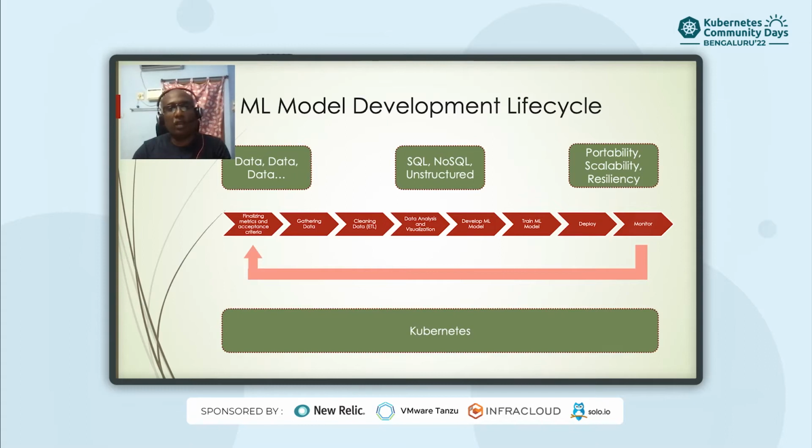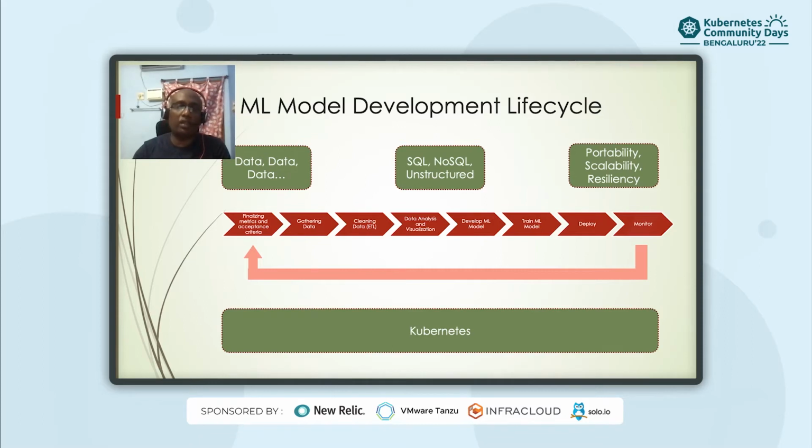And by the way, how does a machine learning model development life cycle look like? It typically starts with you defining the metrics and acceptance criteria. So what will be the success criteria for your machine learning project itself? And it's all about data, data, and data.